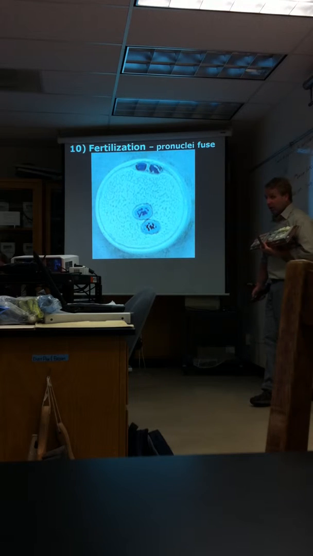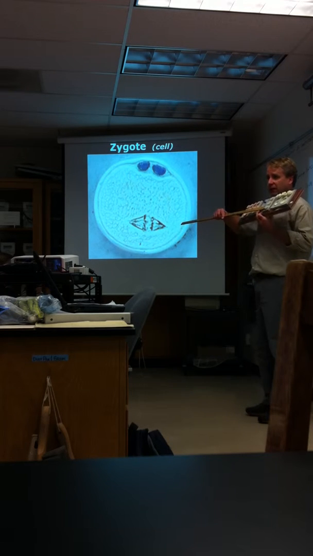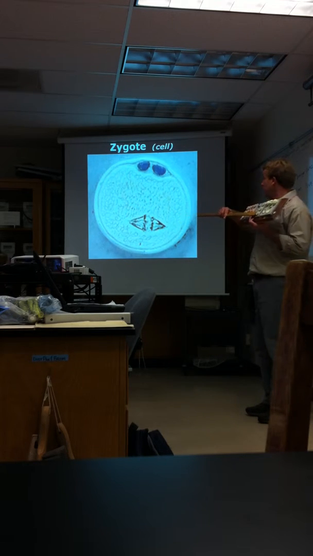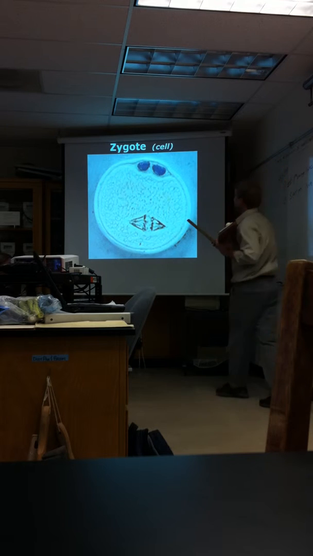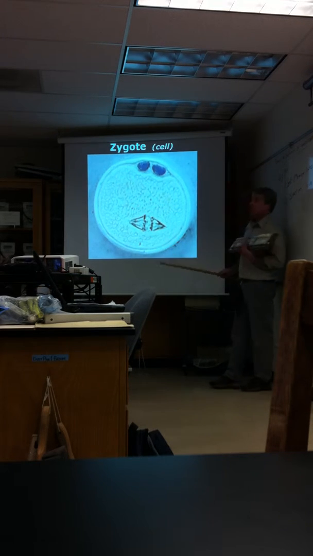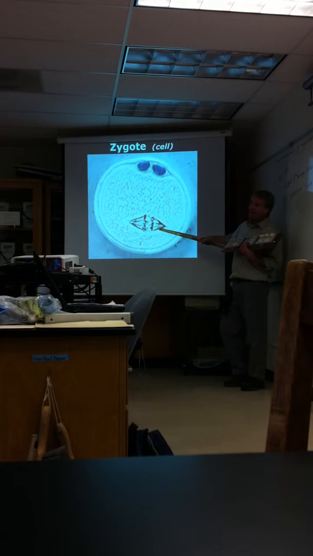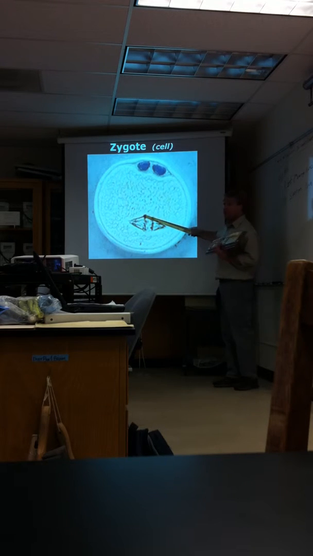And as a result of fertilization, you have the zygote. And so we do have a zygote in this model as well. The bottom one there, and you have it in the handout, is the zygote. So this is one cell, and this is the zygote. They are showing right here the first mitotic division. And so what we're looking at here is mitosis.